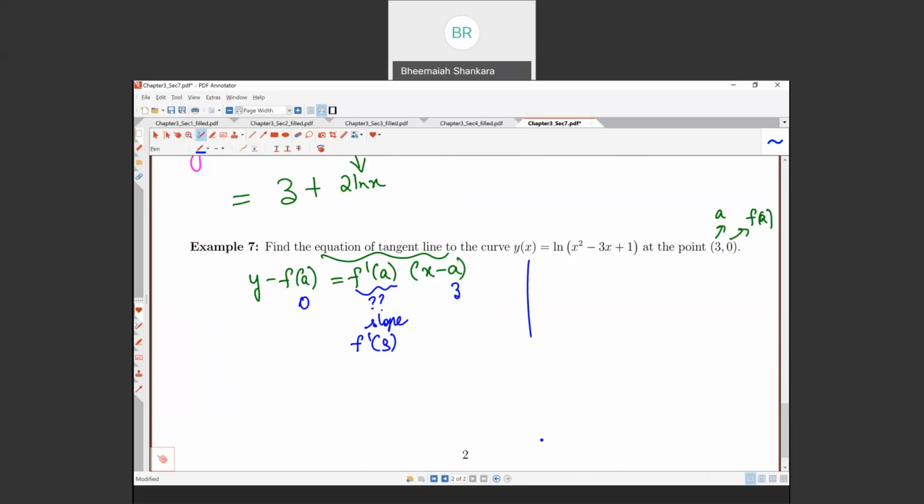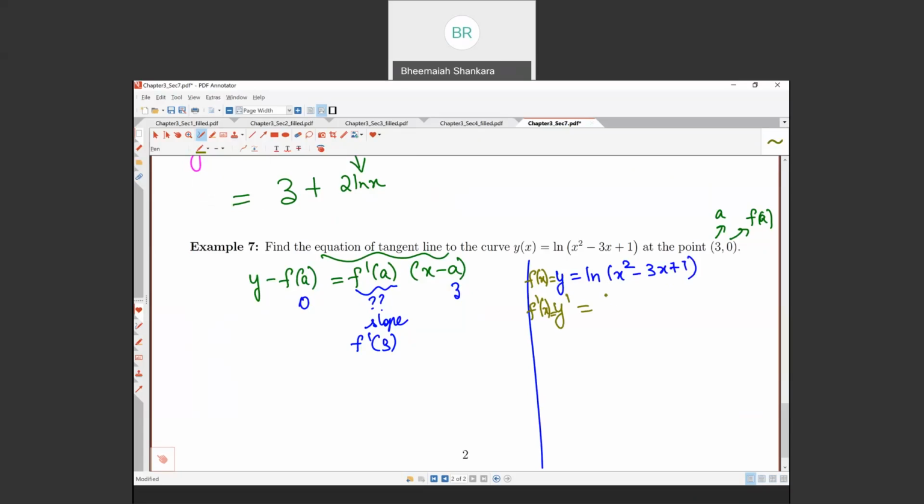So let's find this. The function is y equals natural log of x squared minus 3x plus 1. You can write this y also as f of x, so I can write f prime when I derive.